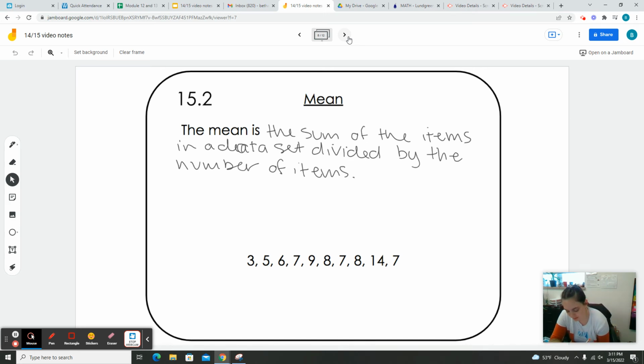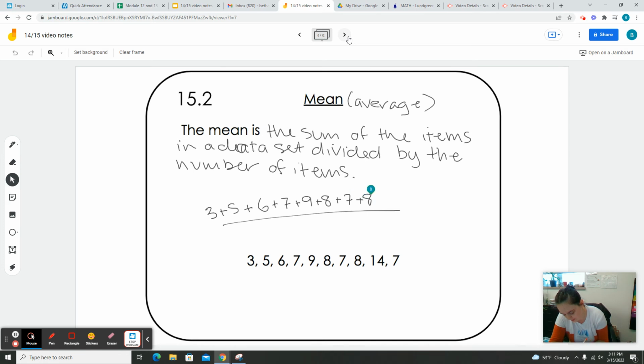So when someone says, what's the average? It's the same thing as mean. Mean and average are the same thing. So to find the mean, let's find the mean of this data set right here. We are going to add 3 plus 5 plus 6 plus 7 plus 9 plus 8 plus 7 plus 8 plus 14 plus 7.